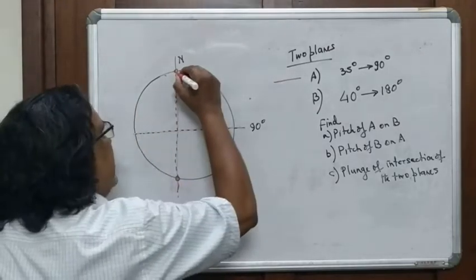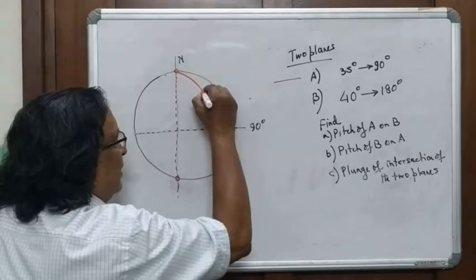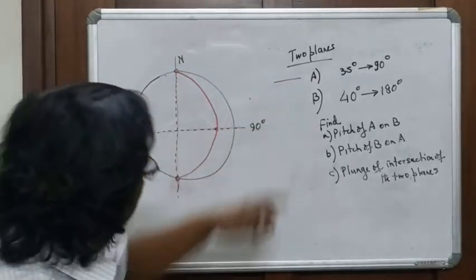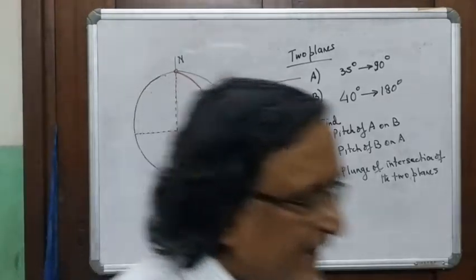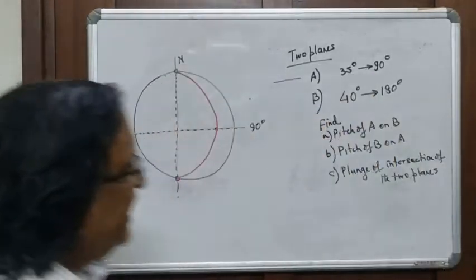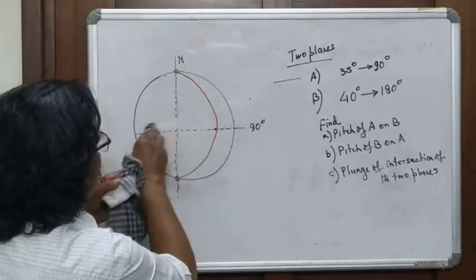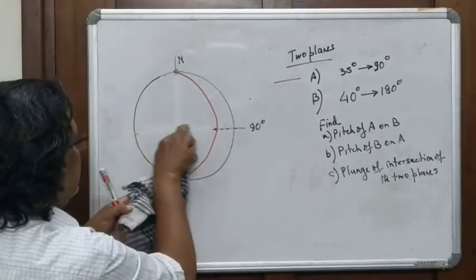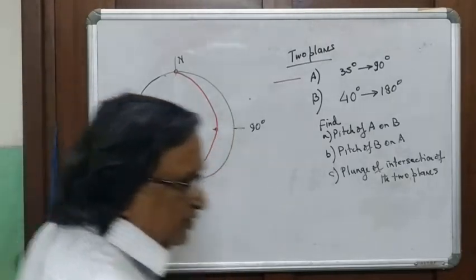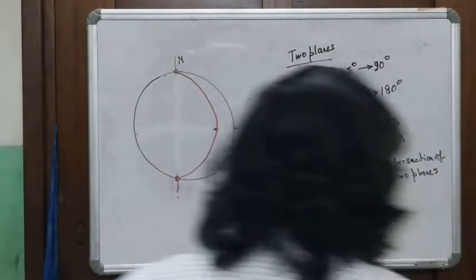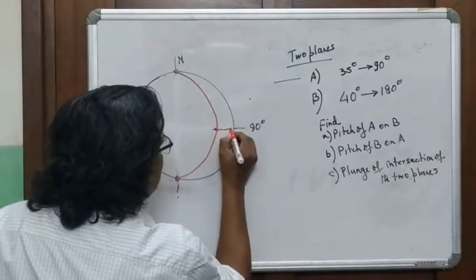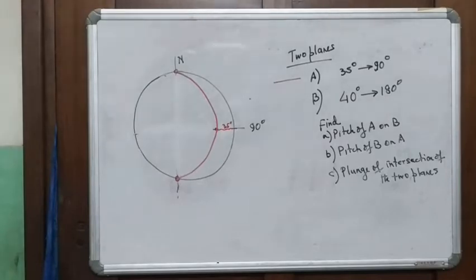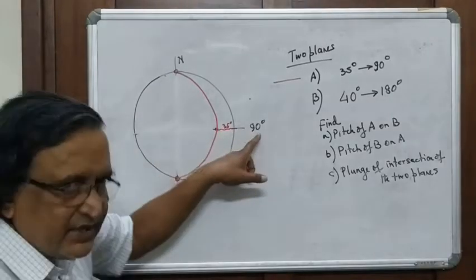So if I take these 3, then this is plane A. I erase everything else. What is 35 degree? This is 35 degree. I'm just drawing it because it's important for you to know. This is 35 degree. And this is towards 90 degree.